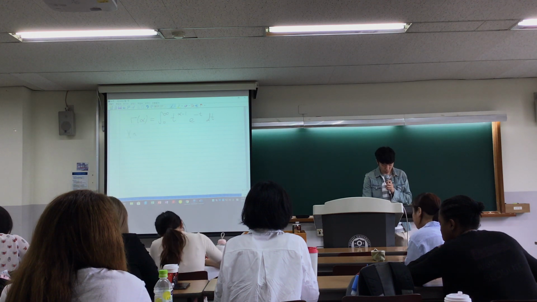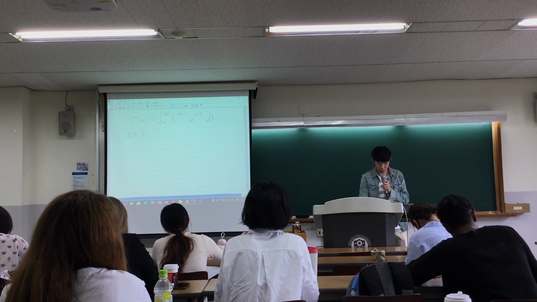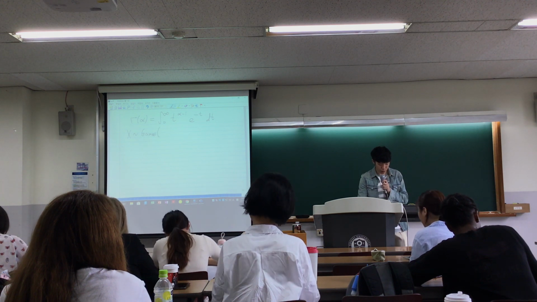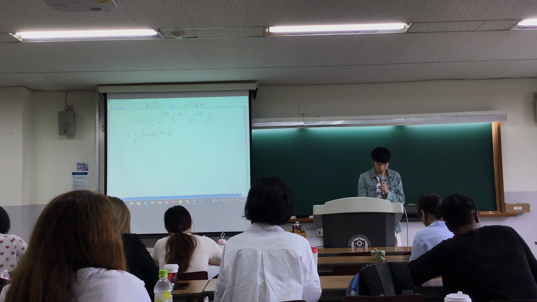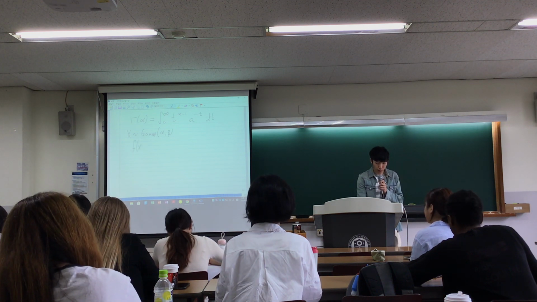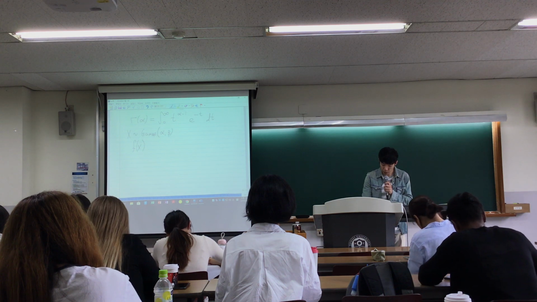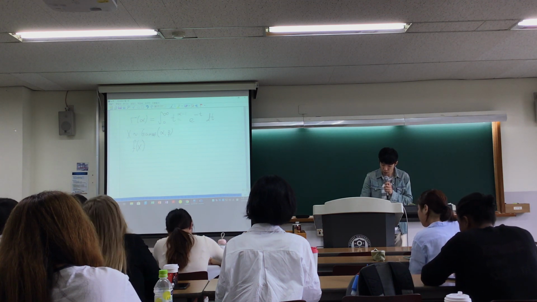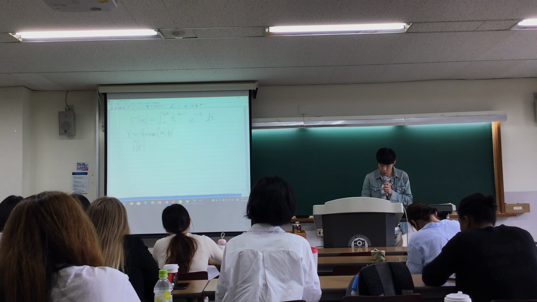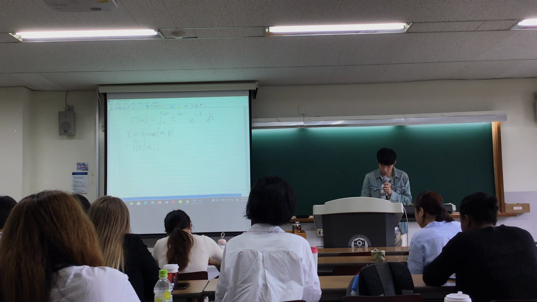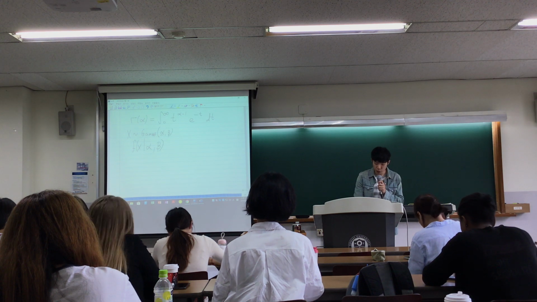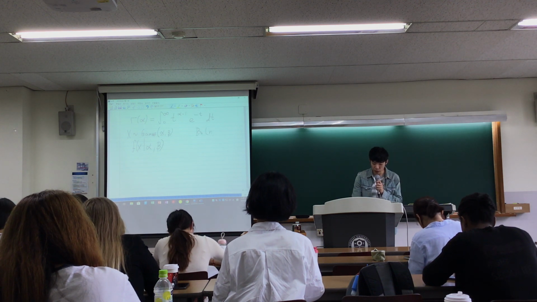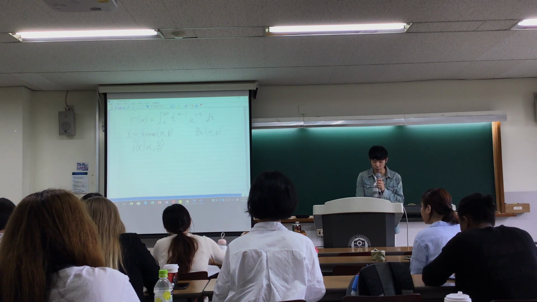X follows the gamma distribution of alpha and beta if my PDF, sometimes this is written in this manner, in Casella-Berger it's written in this manner, because I'm given alpha and beta. Just as in the binomial, I was given n and p, in gamma I'm given alpha and beta.